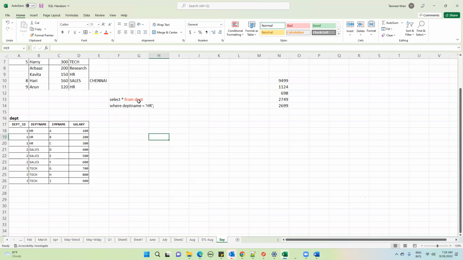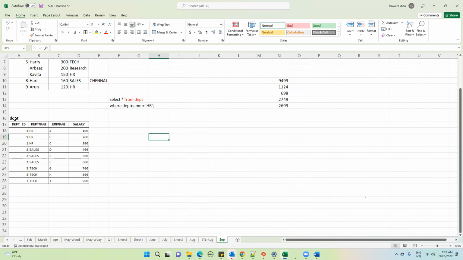Department table. Now it will start searching for this department table in the entire database. In a database, you can have 100 tables, 500 tables, 1,000 tables. In the previous project in which I was working, we were having 500 tables. That is why your SQL engine will quickly search for this department table in the entire database.